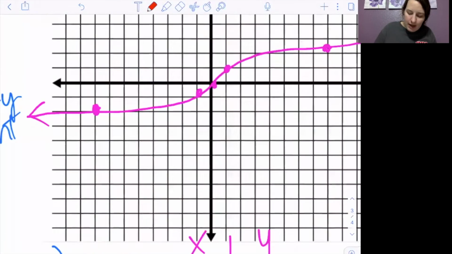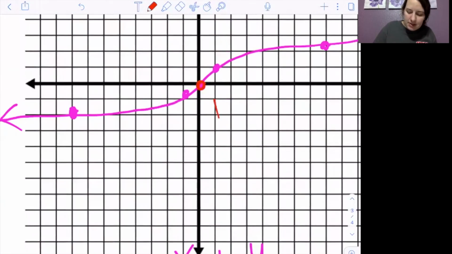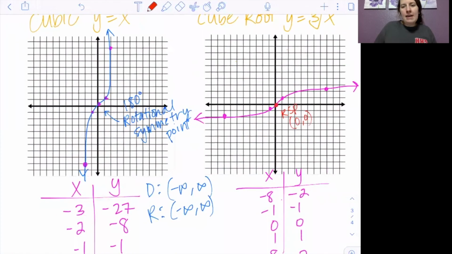And this one also has a rotational symmetry point about the origin, or at 0, 0. You might hear that called your point of inflection, because like I was saying, it goes from concave down to concave up, or the cube root function actually goes from concave up to concave down. So that's your point of inflection.